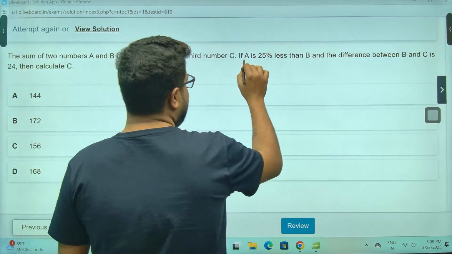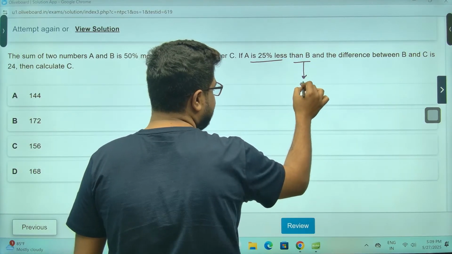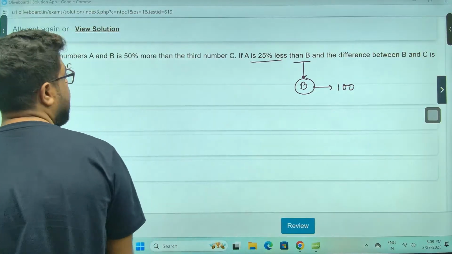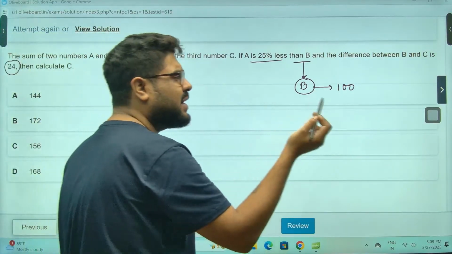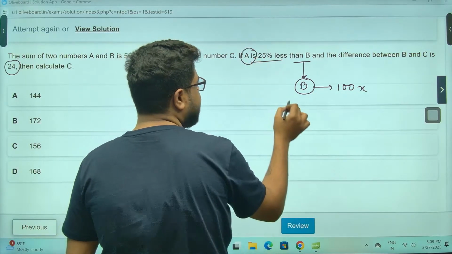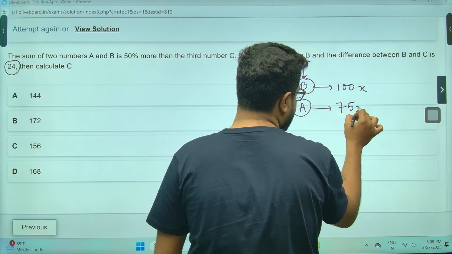A is 25% more than B. Let's start with that. B, I am taking 100. Not 100 because the value is given, so I must take a variable, 100x. A will be then what? A is 25% less, so it is 75x.